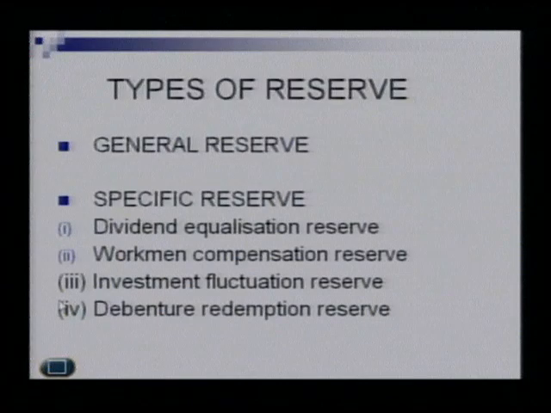The next type of reserve is specific reserve. The specific reserves are further categorized into four. They are dividend equalization reserve, workman compensation reserve, investment fluctuation reserve, and debenture redemption reserve. Why is it called specific reserve? Because the reserve has been created for a specific purpose.